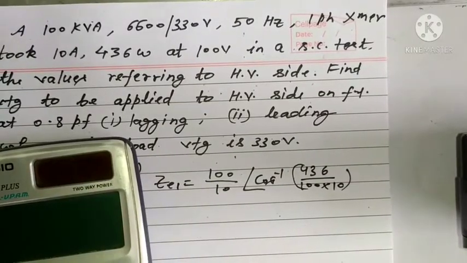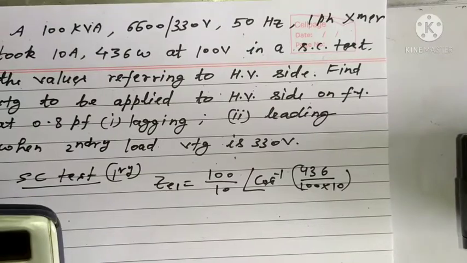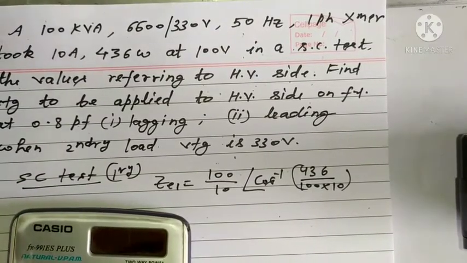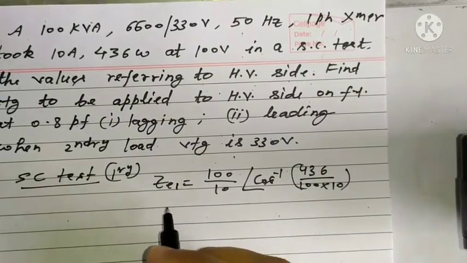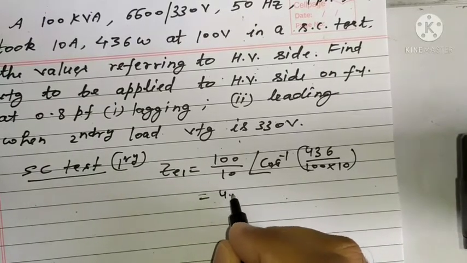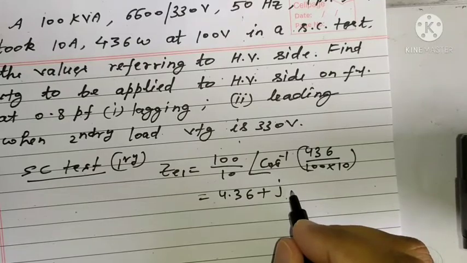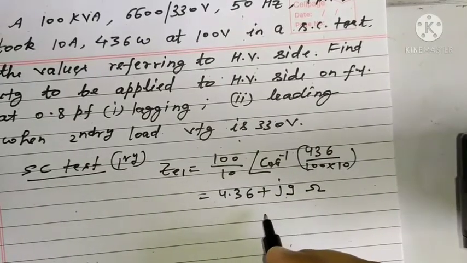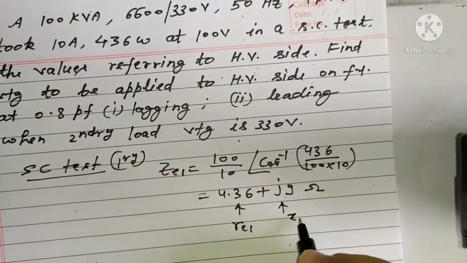So it will be 10 at cos inverse 436 by 1000, and it comes as 4.36 plus j 8.999, that is 9 ohm. So we got RE1 and XE1.